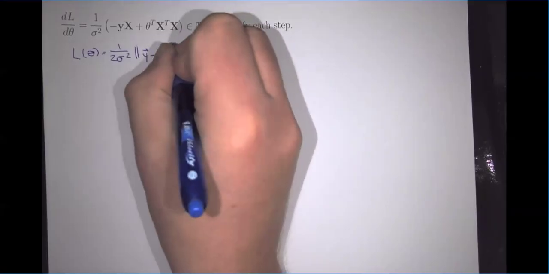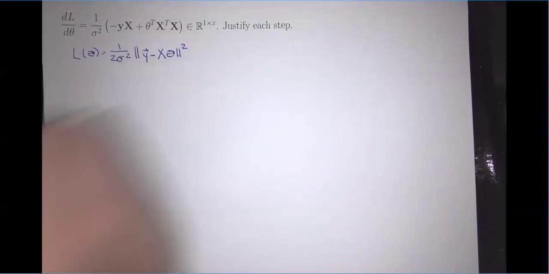Well, L of θ is the negative log likelihood function. So it's 1 over 2σ² times the norm of y minus xθ, squared.